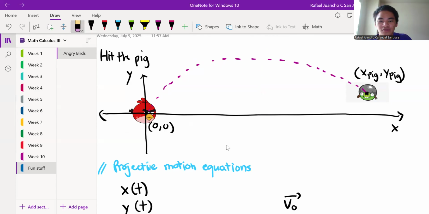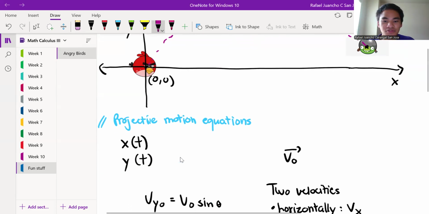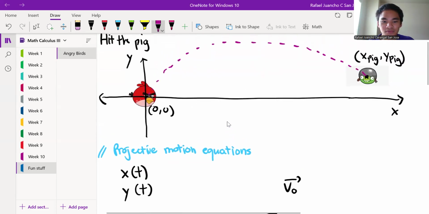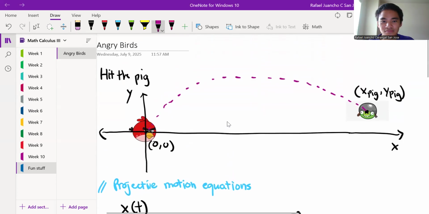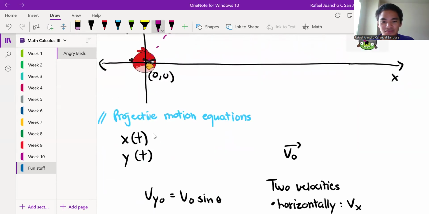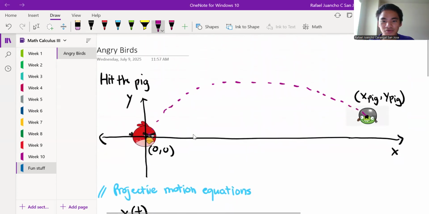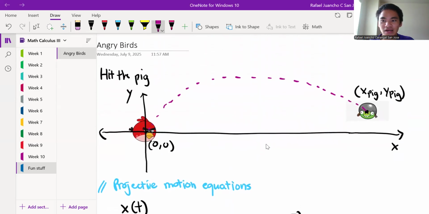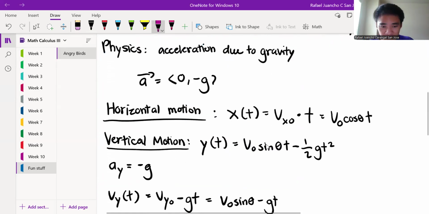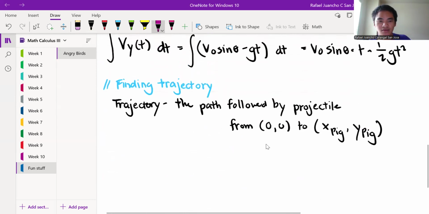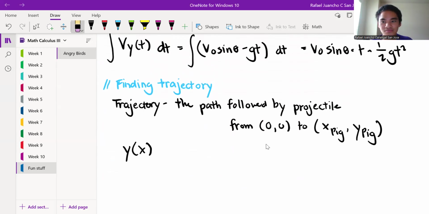Why do I say that? Well, we already have our projectile motion equations. We have y, we have x. So what we want to do here is make y a function of x.